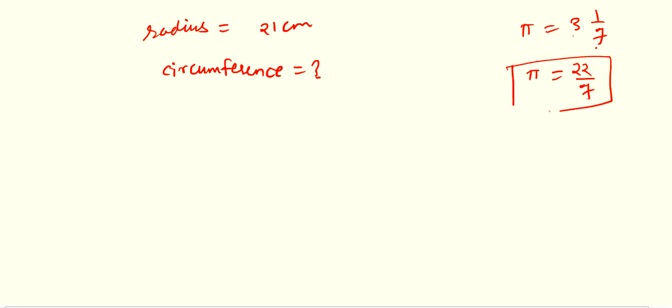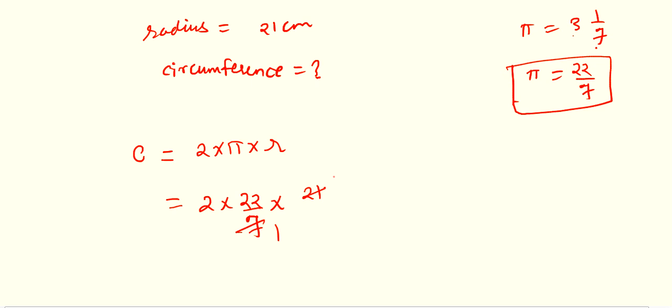That means we have to use 22 by 7 in place of pi. The circumference, as you know, C equals 2 into pi into r. So 2, pi 22 by 7, into r. r stands for radius, which is 21. So 7 ones are 7, 7 threes are 21. So 22 into 3, 66, into 2, 132. So your circumference is 132. This is your required answer.